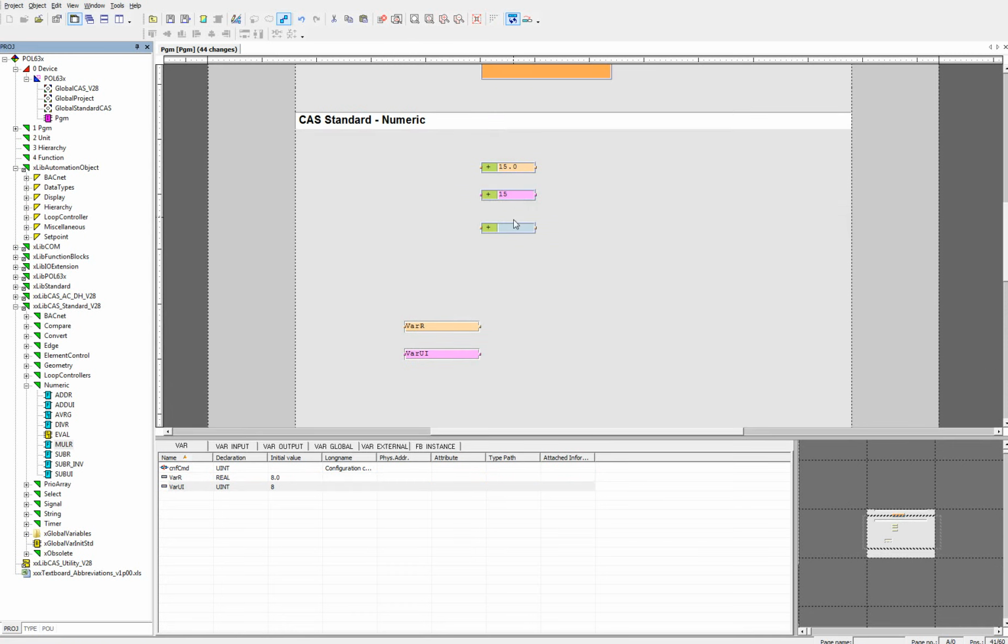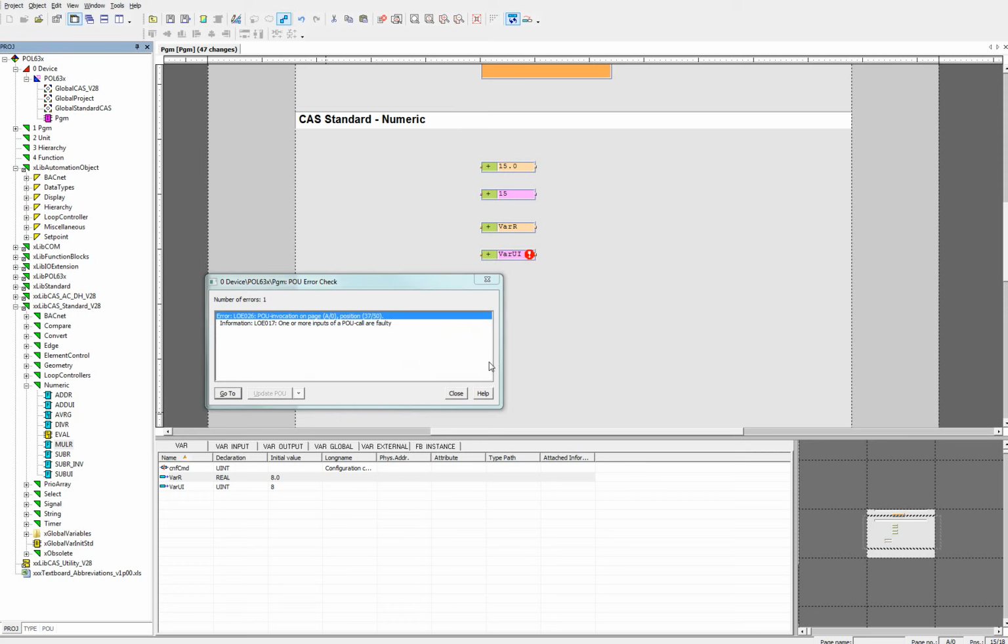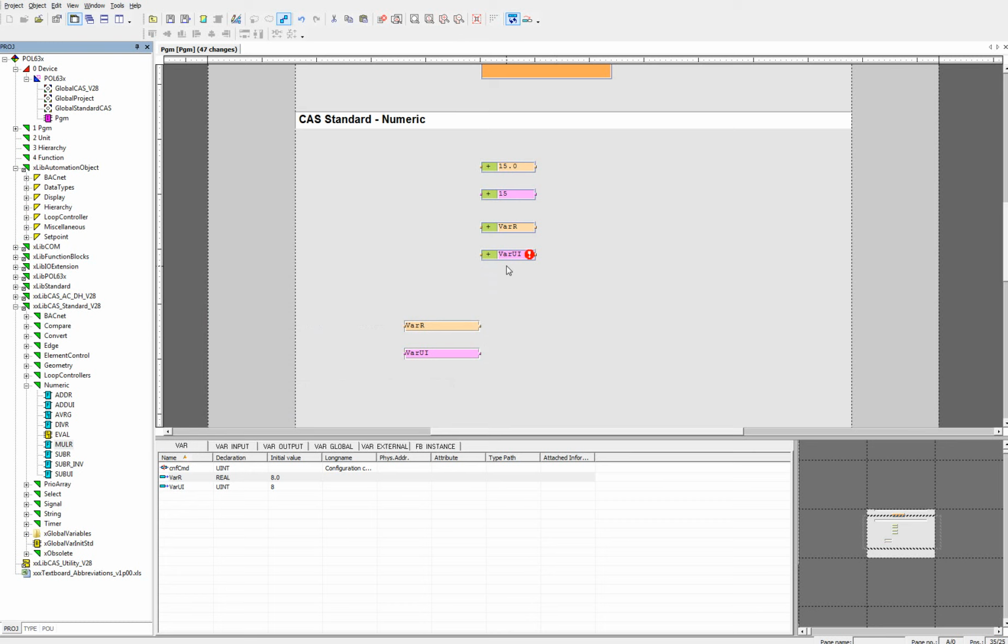So we can write the value for var r like that, which is number 8, and for var unsigned integer like that, for this unsigned integer block. And then we can connect the value on the input.